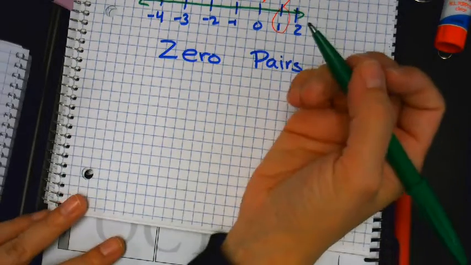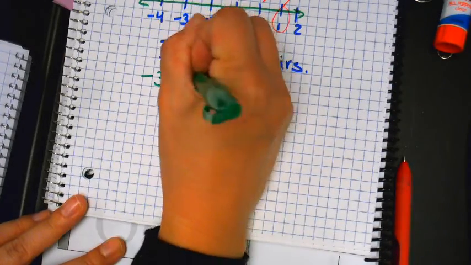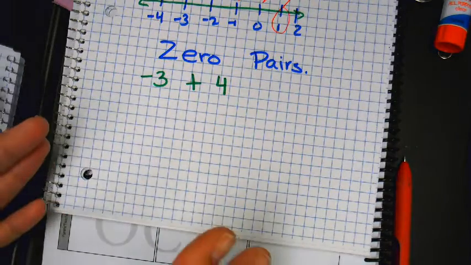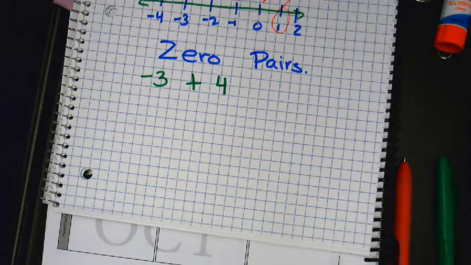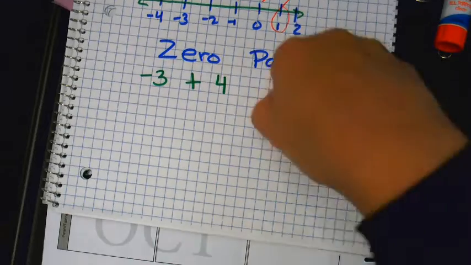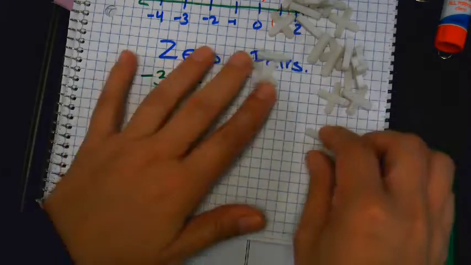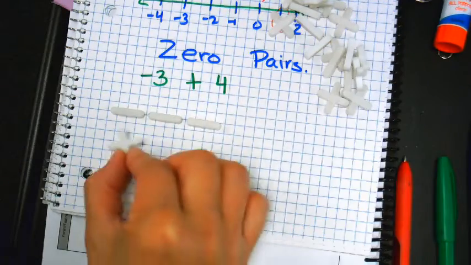All right, so if I have -3 plus 4, instead of doing the number line, we do the positive and negative tiles. Since you already did it, we won't spend too much time on it. Here we have 3 negatives for my visual learners and 4 positives.